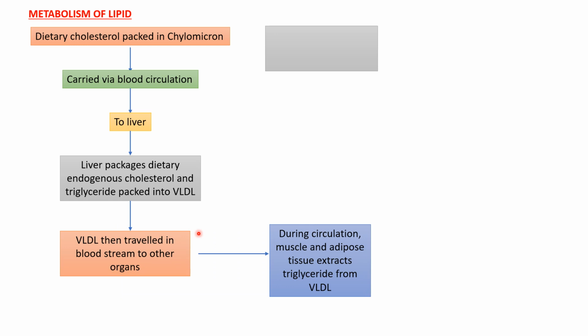This VLDL then travels in the bloodstream to other organs. While traveling, the muscle and adipose tissue extract the triglyceride from VLDL, and this converts VLDL into LDL, that is low density lipoprotein.